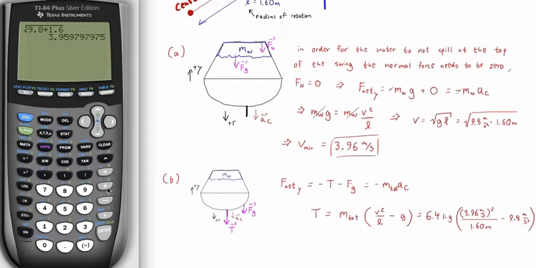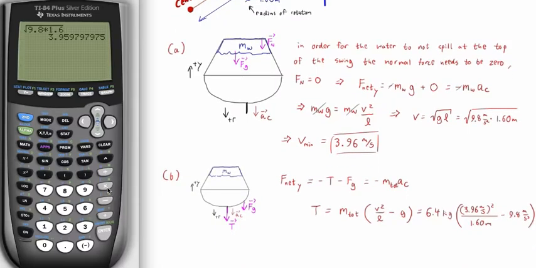Okay? So let's see what we get then. What do we get for the tension? Okay, so we'll go ahead and plug that in here. So we've got 6.4, and then multiplied, open the parentheses, 3.96.